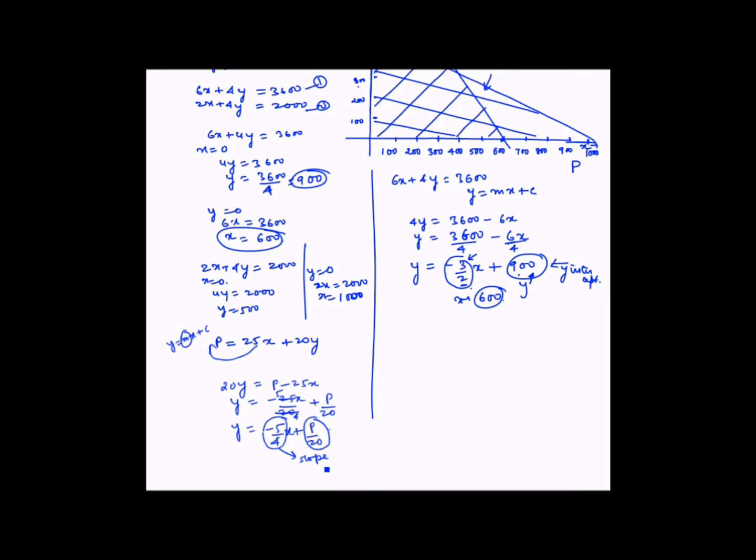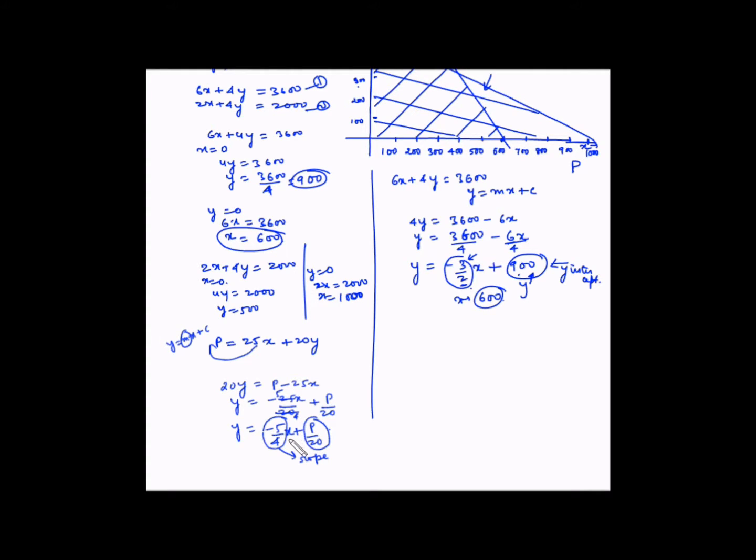On any particular line that we draw for this objective function, the different combinations of x and y will yield the same profit, that is p. As p increases, the straight lines will move away from the origin, and the furthest line from the origin will give us the maximum profit.